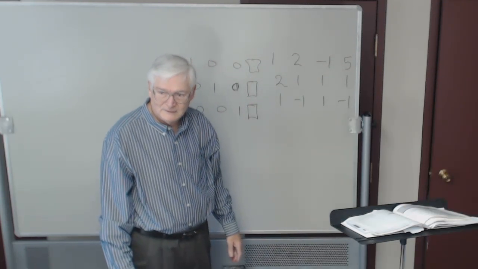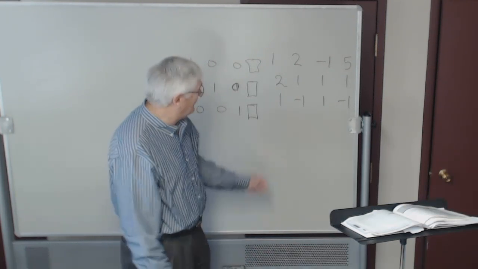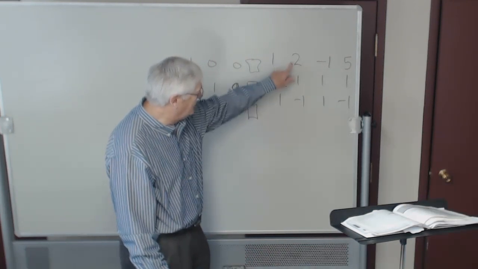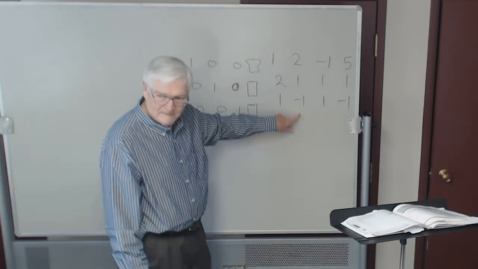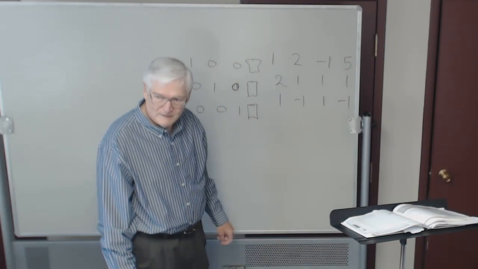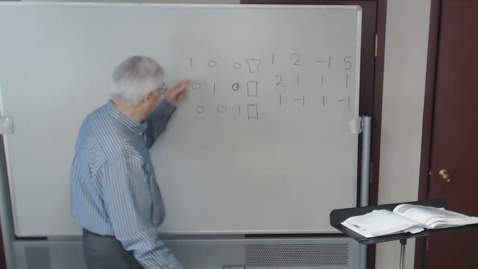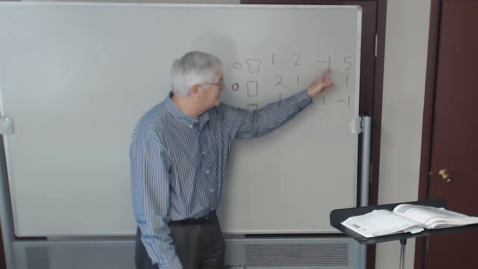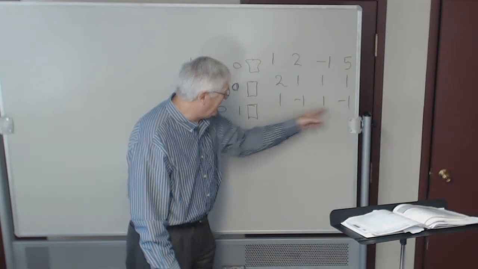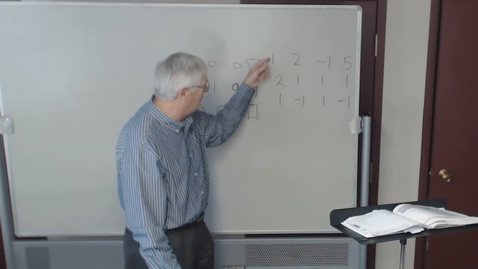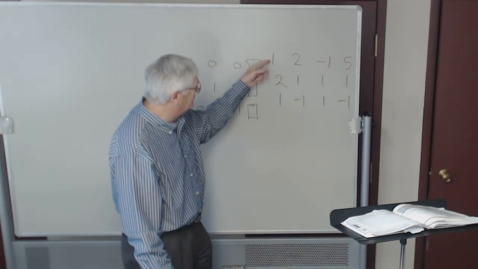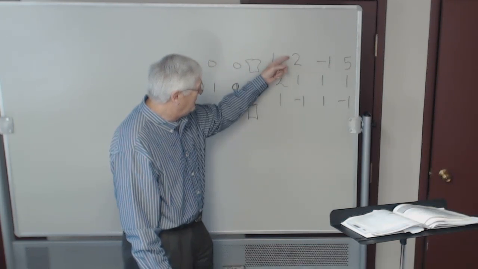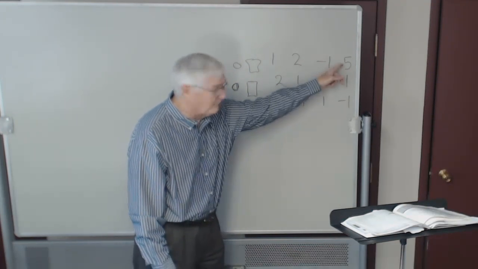Wait, why did you pick 2? Because I want this to become a 0, 2 and -2. Because I want this to go 1, 0, 0. Just like I want this to be 0, so let's just add this row and this row, and what do you get? 1 and 1 is 2, 1, 0, and 4.